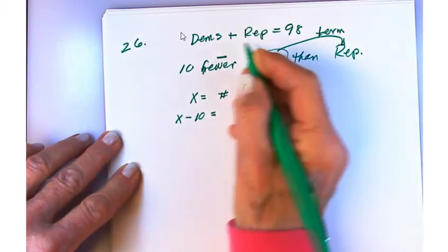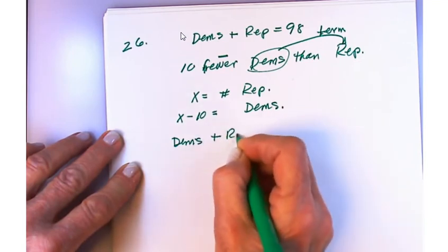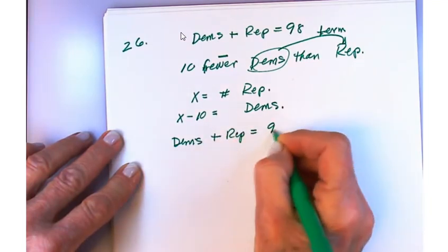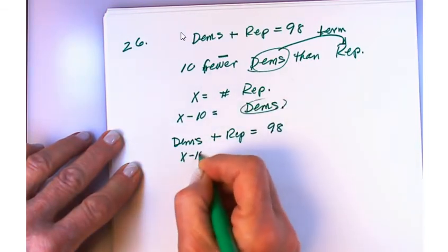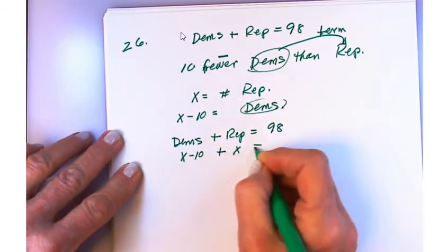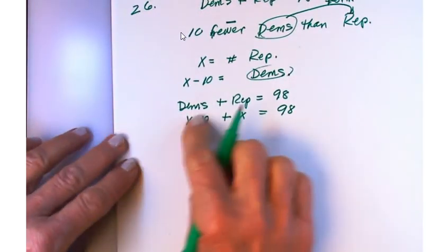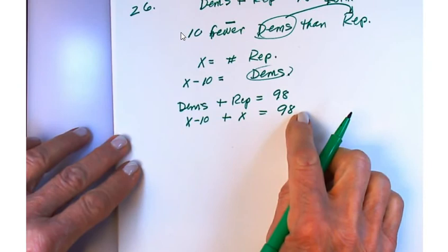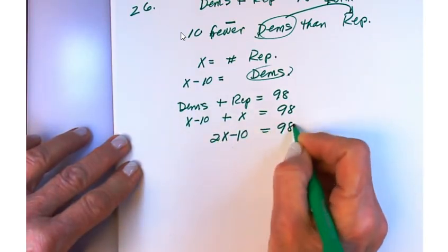I know that Democrats plus Republicans equals 98. It's very helpful to write down words. 2x minus 10 is 98.